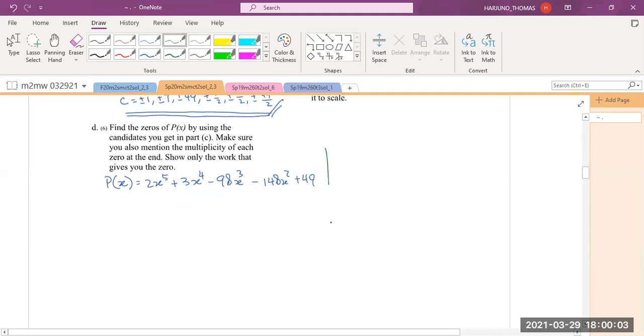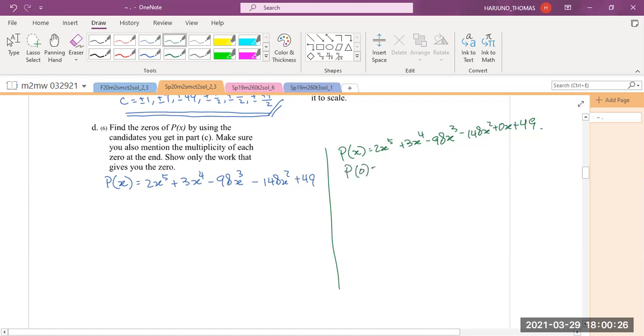And then the right hand side here will be my scratch paper, right? 2x to the 5th plus 3x to the 4th minus 98x cubed minus 148x squared plus 0x plus 49.